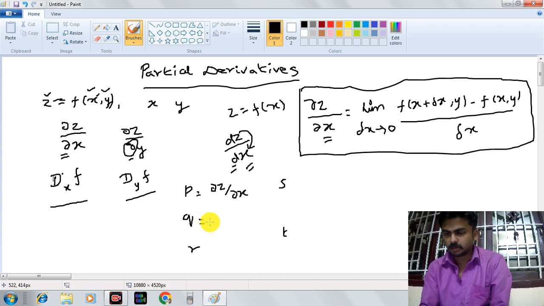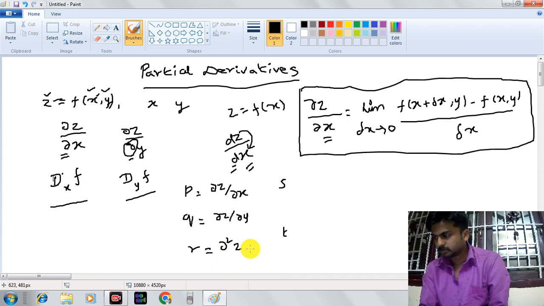Q means the partial differentiation of z with respect to y. R is the second order partial derivative, dou square z by dou x square, that is, differentiating p again with respect to x.